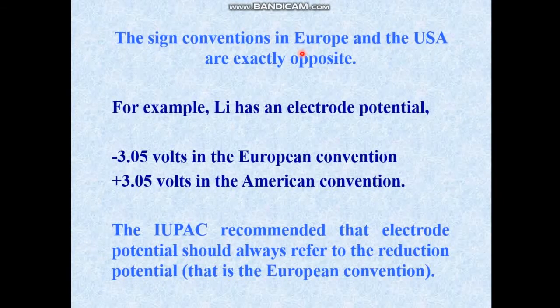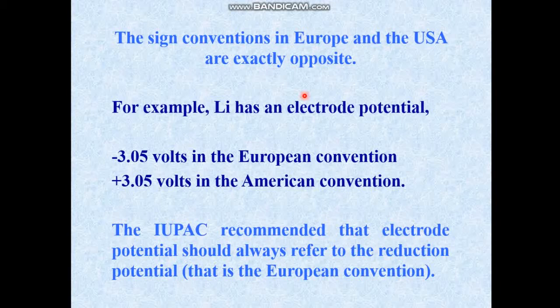First of all, the sign convention. As I was saying, in your chemistry books you will find a lot of contradictory things regarding the sign convention of redox potential. So IUPAC, the International Union of Pure and Applied Chemistry, has approved the European convention as the standard, or the accepted one.